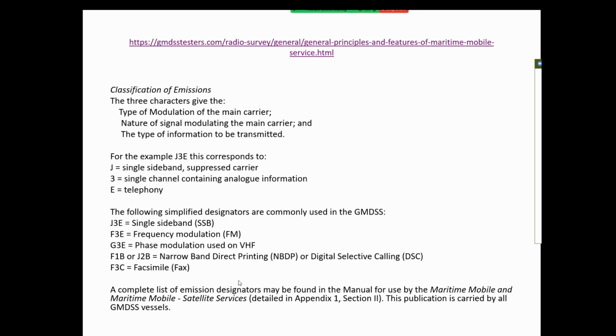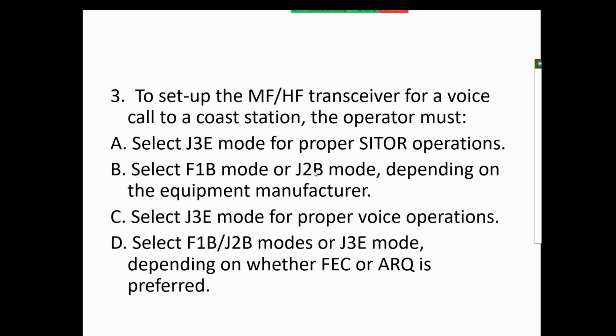You can find the complete list of emission designators in a book that you're carrying on a GMDSS vessel. But for test purposes, we're just going to look at a few of them and test your memory a little bit. So let's get into the first one. All right, to set up the MF-HF transceiver for a voice call to a coast station, the operator must.